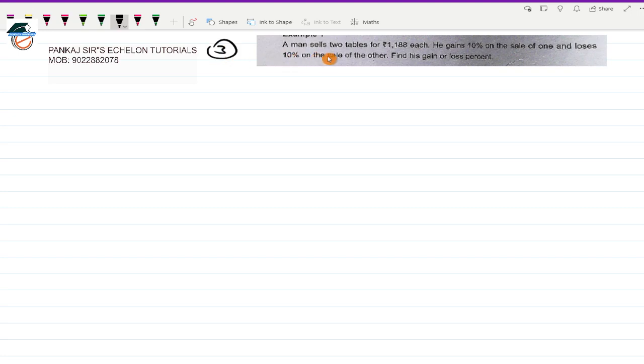A man sells 2 tables for rupees 1,800 and 1,188 each. Okay, so selling price of 2 tables, right?